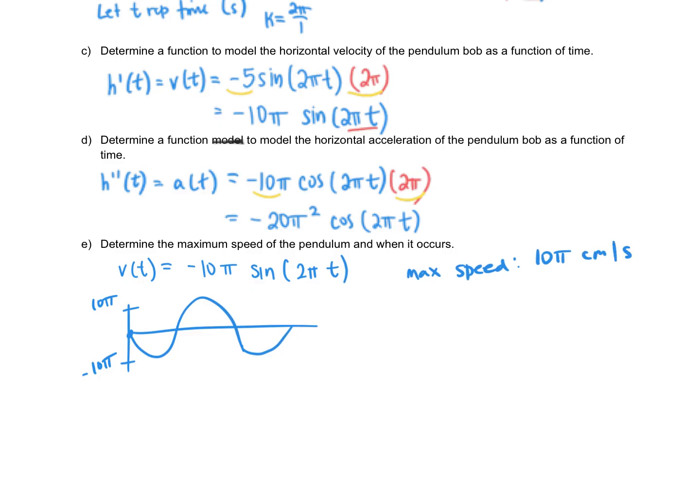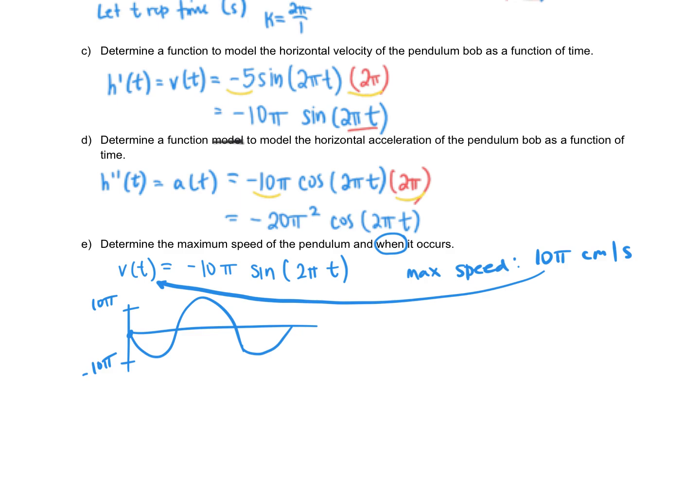So if I already know the speed, the only other part of the question I have to focus on is when does that speed occur, which means I'm just going to set velocity equal to 10 pi. So I don't even actually have to use one of my derivatives. I mean, I am using the first derivative, but I don't need to use my acceleration.